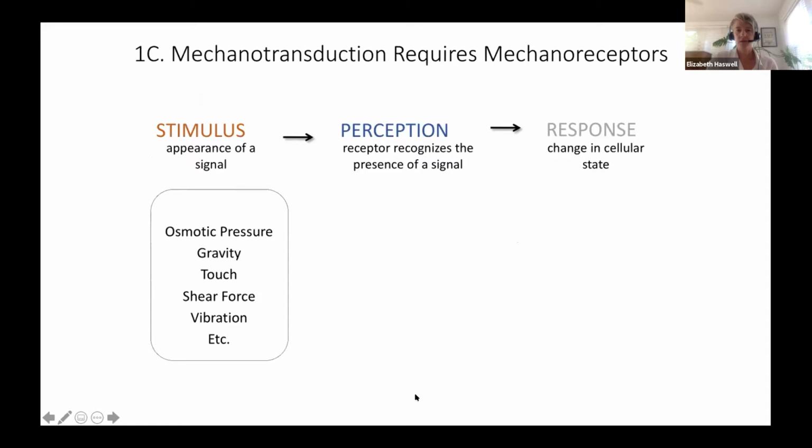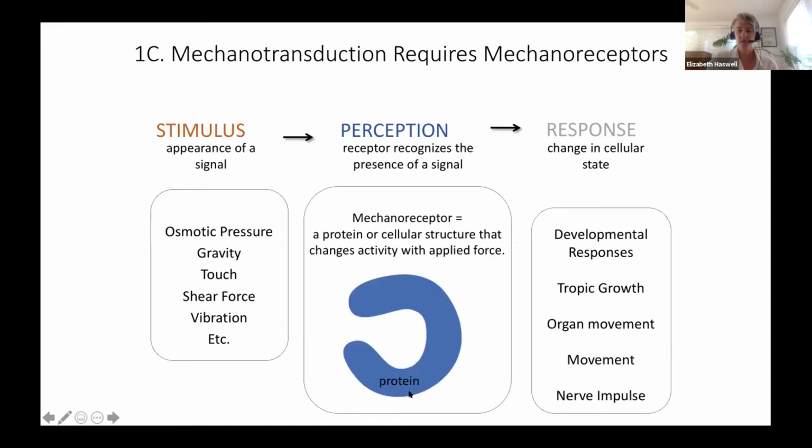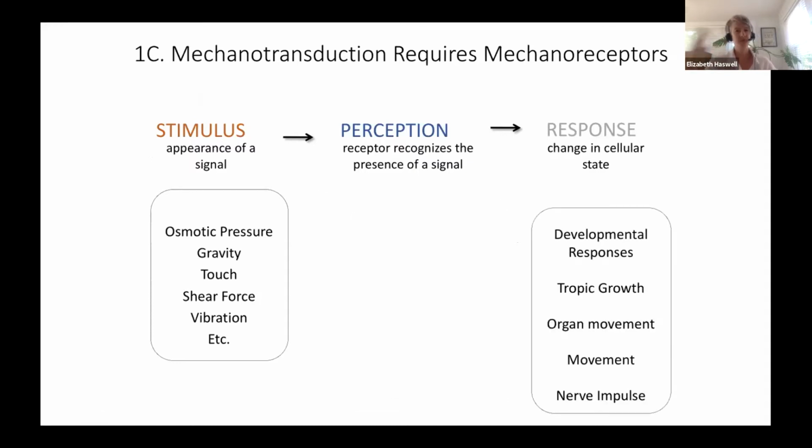Then at the end, you see a developmental response like we saw with the sunflower. You see tropic growth, like we saw the sunflower growing around the stake, or there can be organ movement, like I just showed you with the Utricularia, the carnivorous plant movement, or there can be a nerve impulse, as with the inner ear.